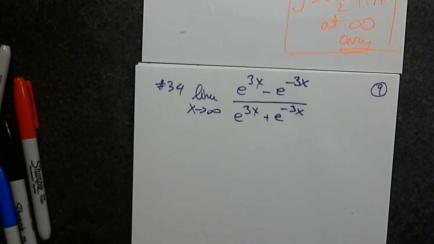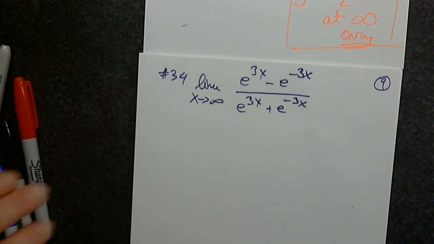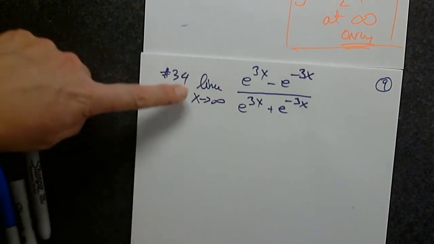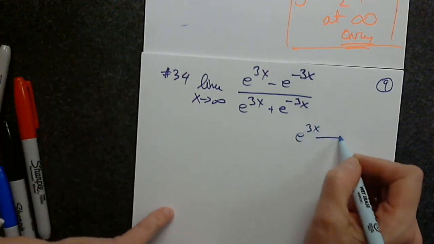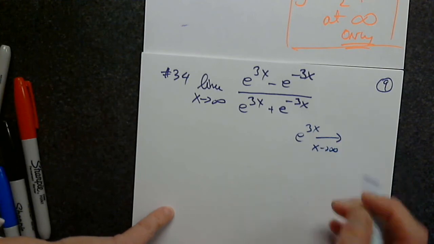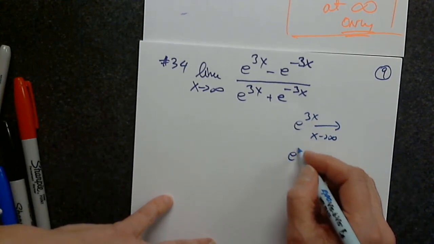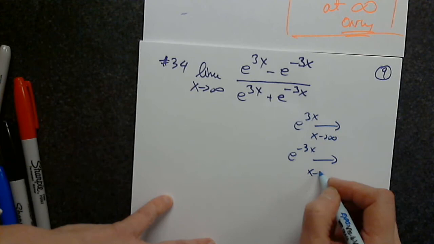So first of all, I would like to identify where e to 3x is going when x approaches infinity, and where e to negative 3x will go when x approaches infinity.